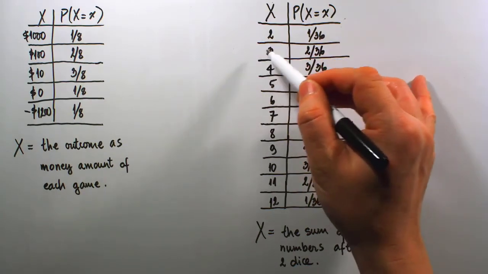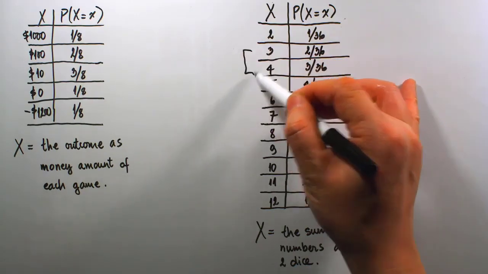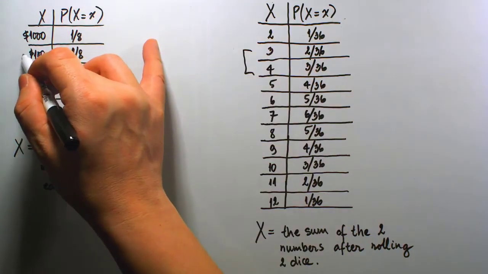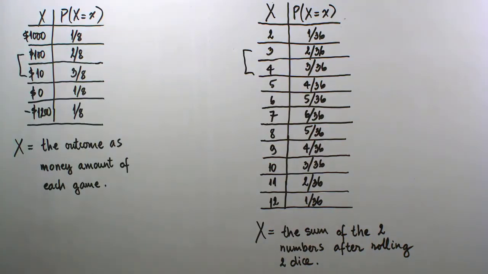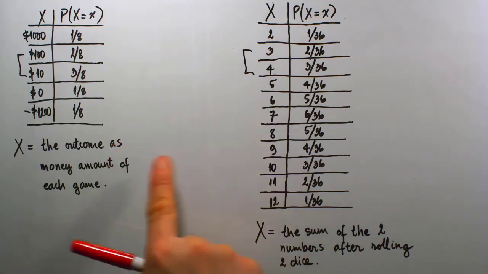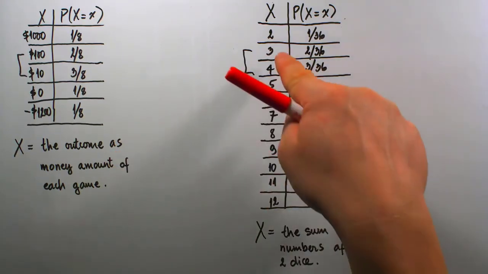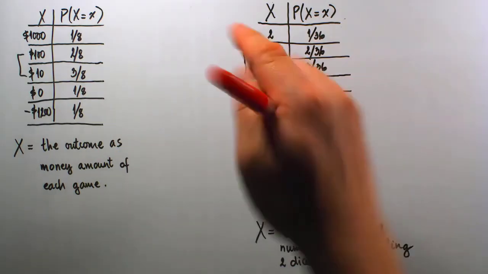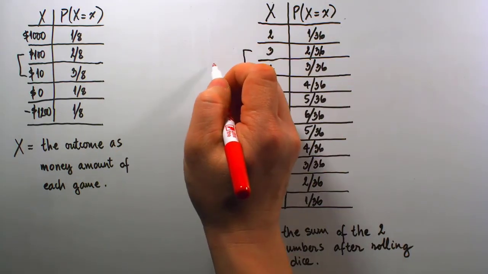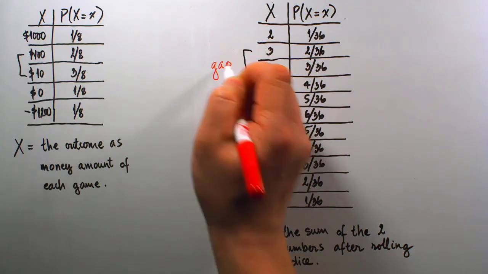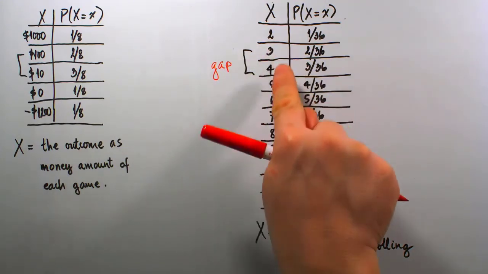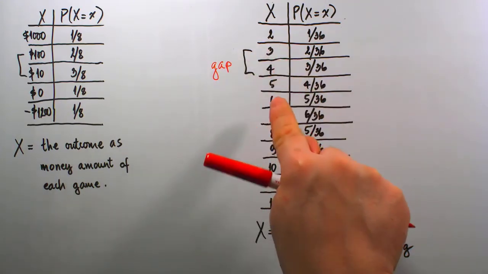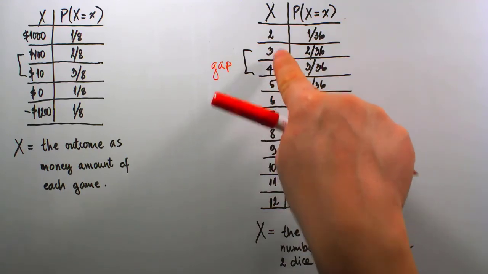Say, for example, here 3 and 4 are adjacent values, and 10 and 11 in this example here, these two are adjacent values. So in any of these examples, there's a permanent gap, a space, or an interval that exists permanently between these two values. And that's what it means by being separate, being distinct.